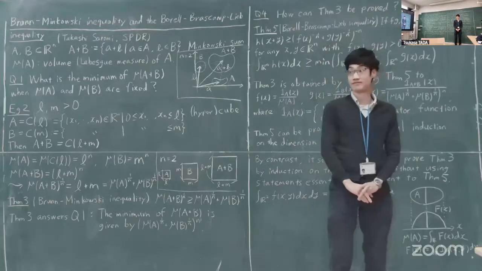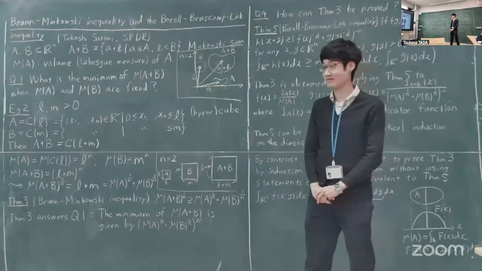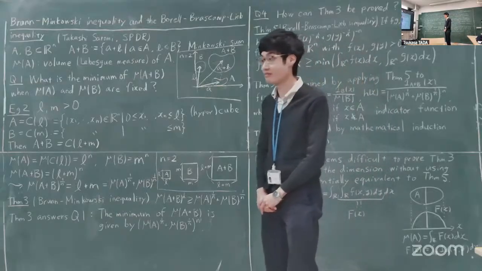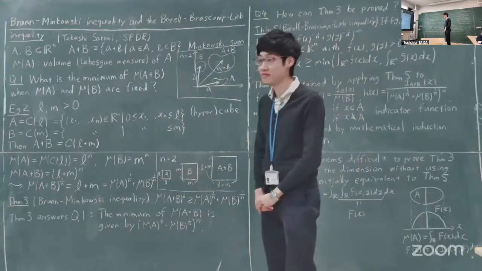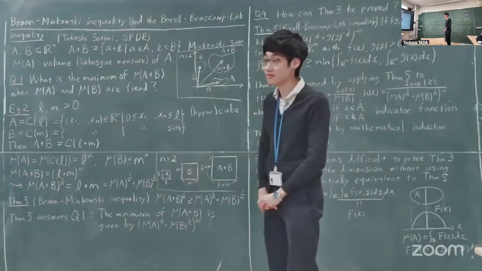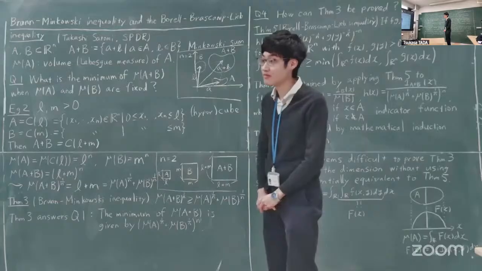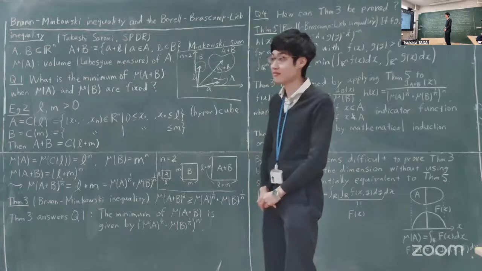Any other? Yes, please. Very light question. So your explanation sounded almost like the Borell-Brascamp-Lieb inequality is broader, in the sense that it can prove the Brunn-Minkowski inequality almost immediately.